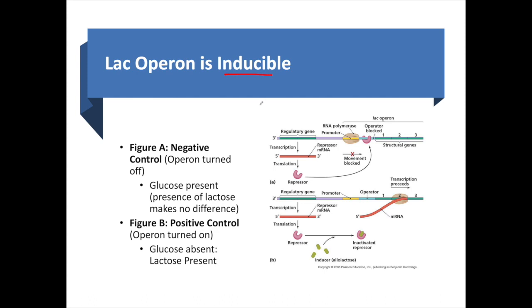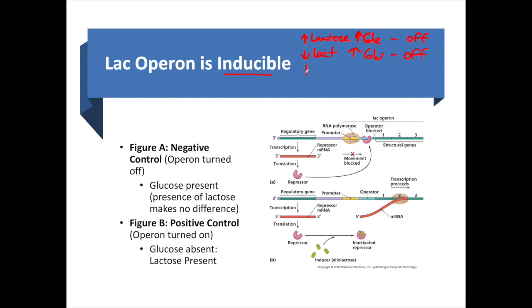So I have a couple of different situations with this particular operon. If I have a high lactose concentration and a high glucose concentration, my gene is going to be off. If I have a low lactose concentration and a high glucose concentration, my gene will be off.